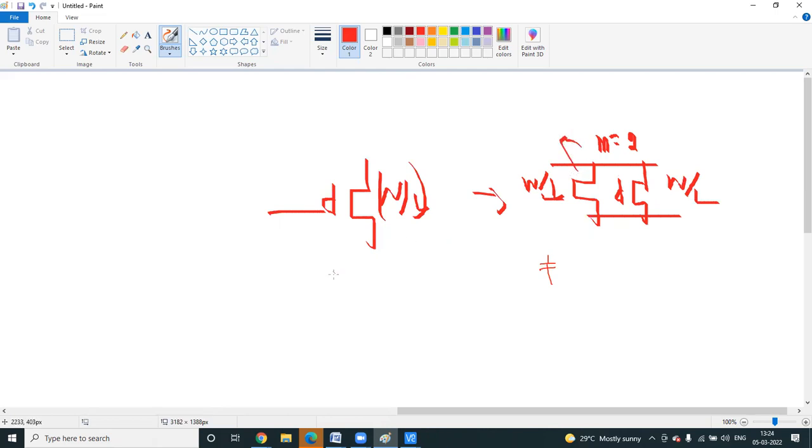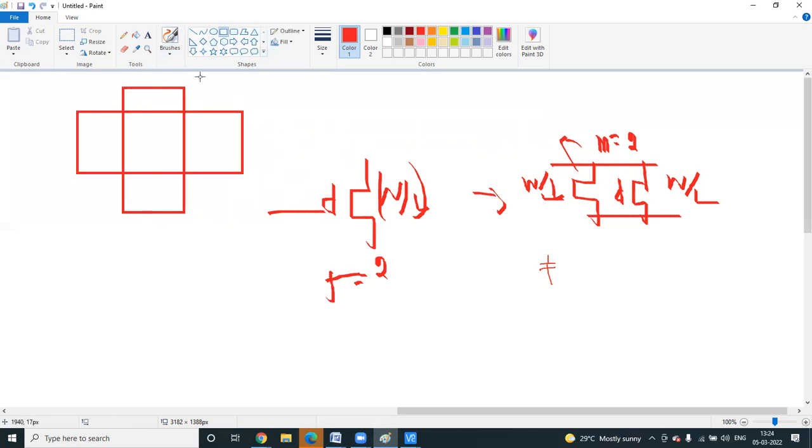Okay. What is finger? This W will be divided by the number of fingers. Like in layout, how will we see this? This is your length, this is your width. So 2 finger, we will divide it by width.